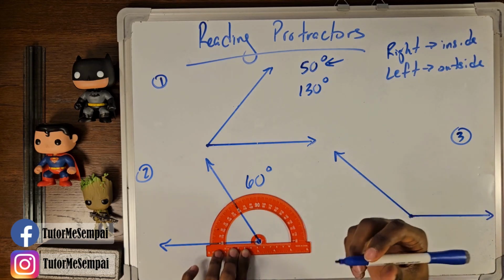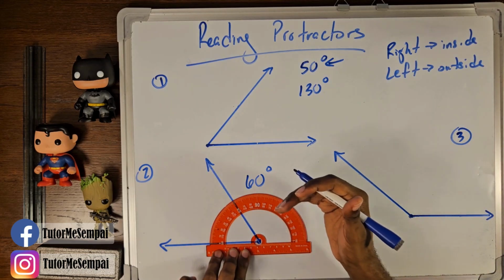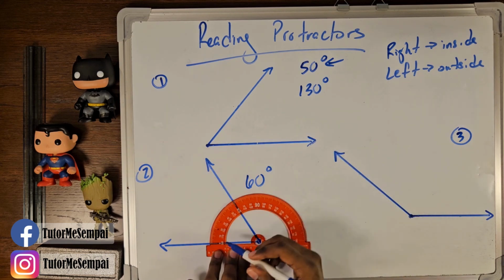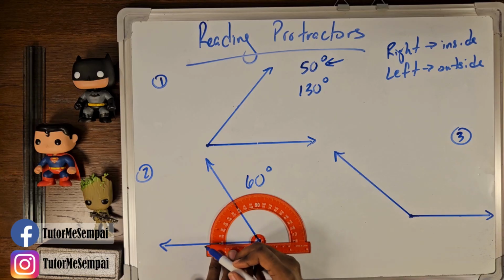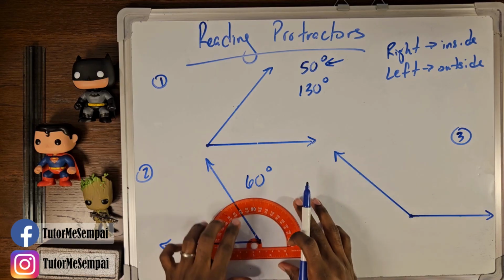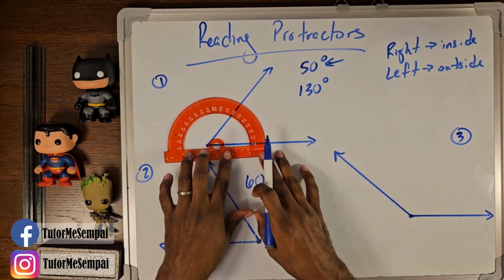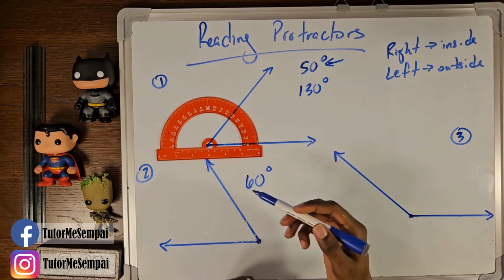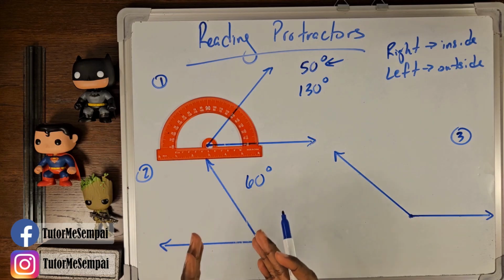And that's because you want to always count up from 0. You can only count up from 0 if you're, once again, following your arrow. Your arrow says on the left, your 0 is on the outside. On the right, your 0s are going to be on the inside. And that's how you get 50 degrees for the top and 60 degrees for the bottom.